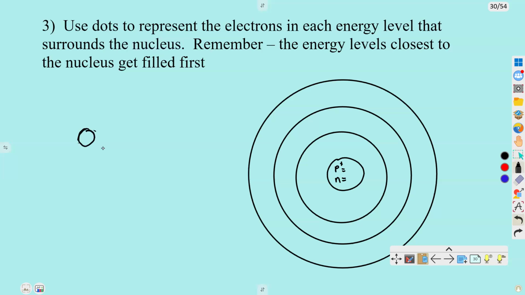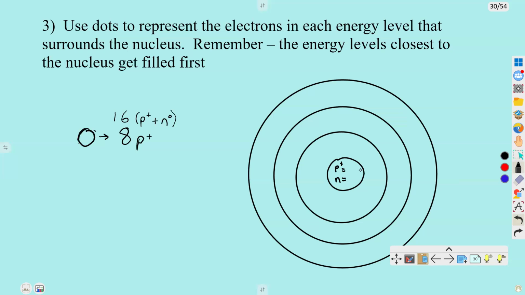So O is the symbol for oxygen. We know that its atomic number is 8, which means there are 8 protons, and its mass number is 16.00, and that's the number of protons plus the number of neutrons.